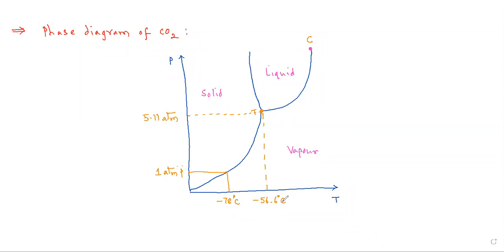Okay, look at this. See, the interesting point to be observed here is the triple point, which is much above the atmospheric pressure. Now, this is what we have to consider. Much above the atmospheric pressure. What does that indicate?